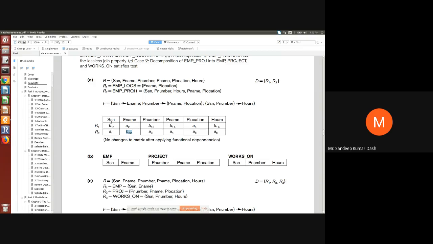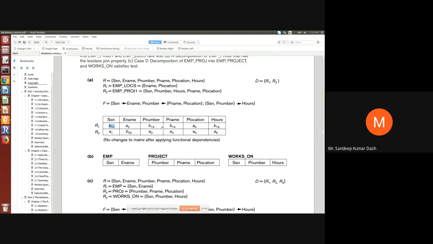The functional dependency is the same for all the relation states, be it R1 or R2. So if SSN is determining ename here, it should have determined here also, but here SSN is A. That means SSN is not at all present in this relation. So I cannot convert this into A.